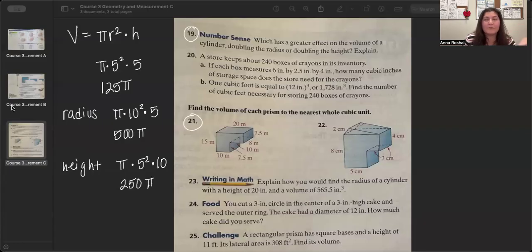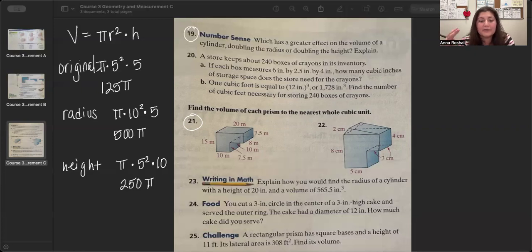Before I went in to do an actual example, I feel like I should have explained a little bit better. They want me to tell them that this is going to have a greater effect on the volume. Let's say I'm the student, I don't particularly know.